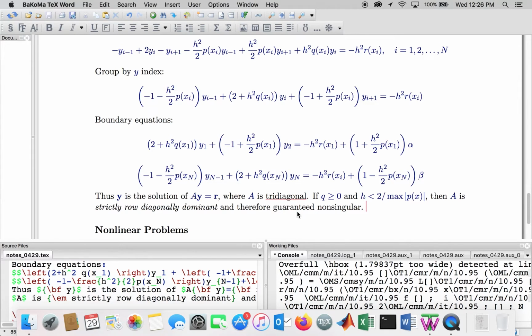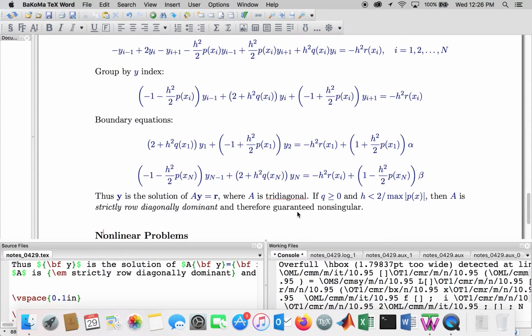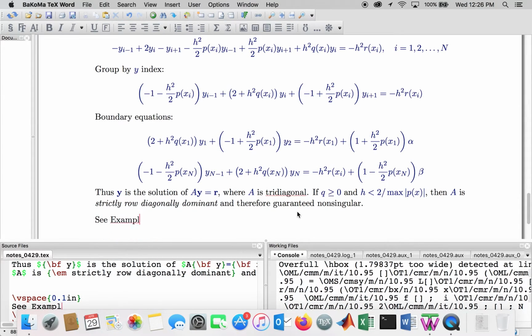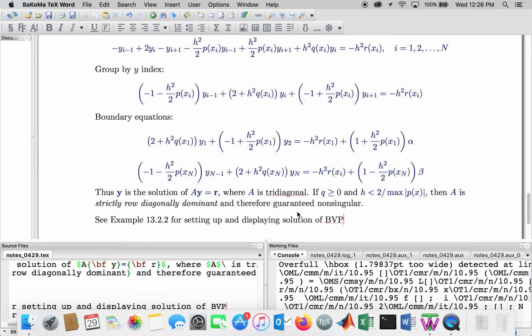Now, I want to refer you to example 13.2.2 for setting up and displaying the solution of a boundary value problem.